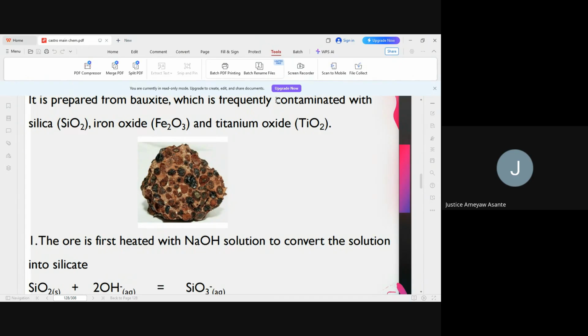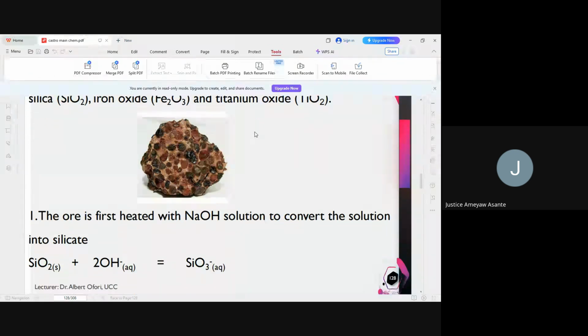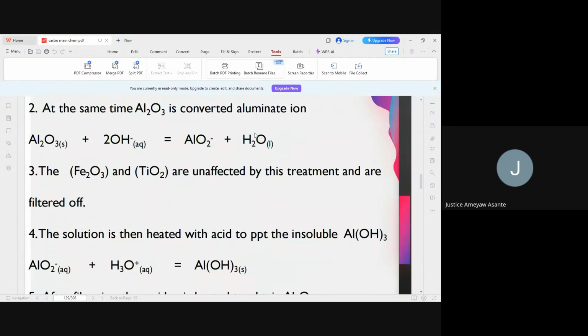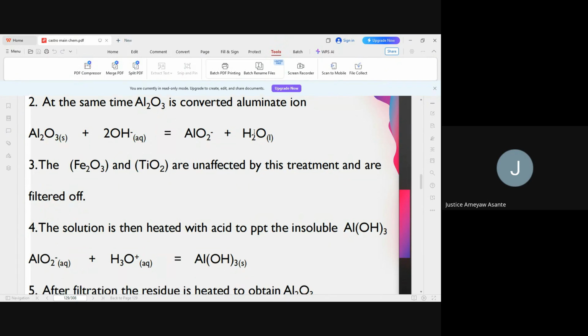But the sodium hydroxide will have no effect on iron oxide and titanium oxide. And this is what is here, point 3: the iron oxide and titanium oxide are unaffected by this treatment and are filtered off.